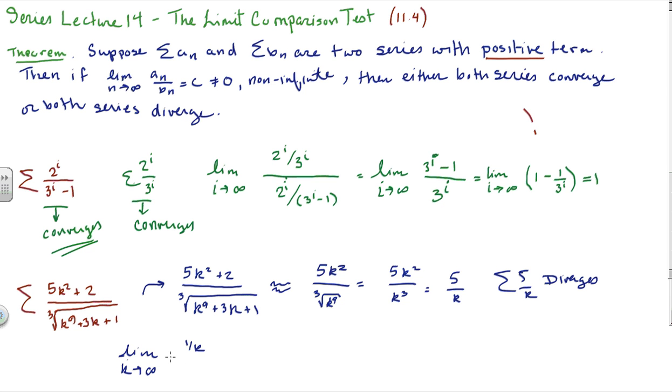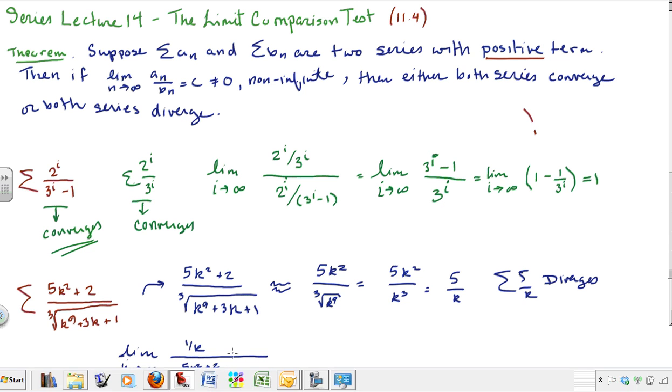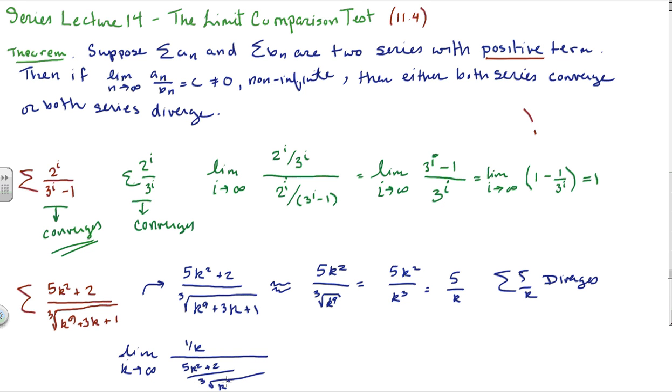Doesn't matter if we do the harmonic series or 5 times the harmonic series, they both diverge, over this other series. And again, it doesn't matter whether you're looking at that or its reciprocal.